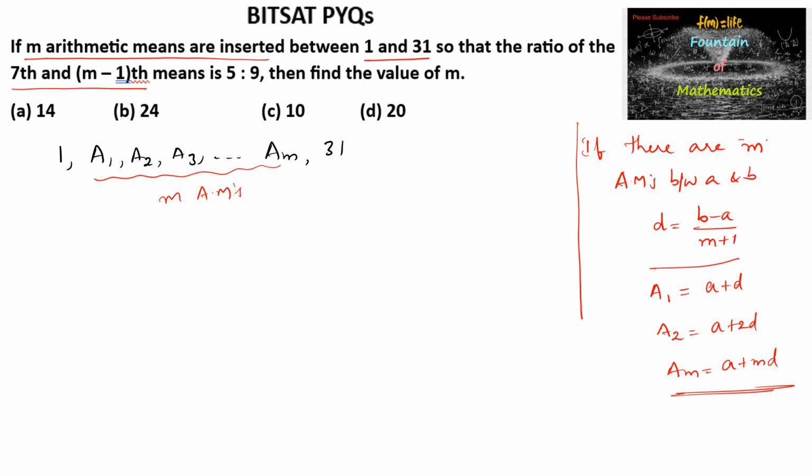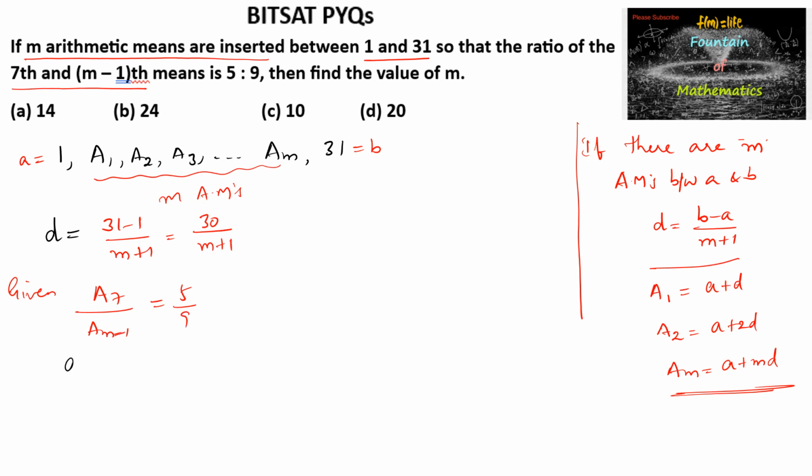So we can find the common difference d is equal to (b minus a) upon (m plus 1), where a is 1 and b is 31, so 31 minus 1 upon m plus 1, that is 30 upon m plus 1. And given the ratio of the 7th arithmetic mean to the (m minus 1)th arithmetic mean is 5:9.